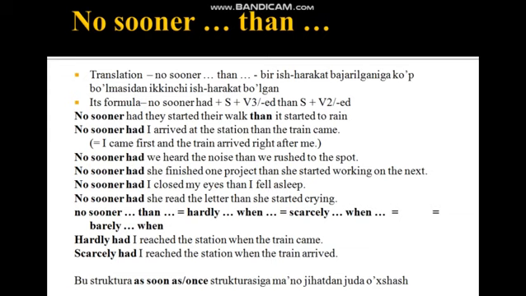That's no sooner than. And no sooner than in our language is going to sound like "bir ish harakatni bajarilganiga ko'p bo'lmasdan ikkinchi ish harakat bo'lgan." Which means you've got two actions right here, and one was done, and after that another action was done.